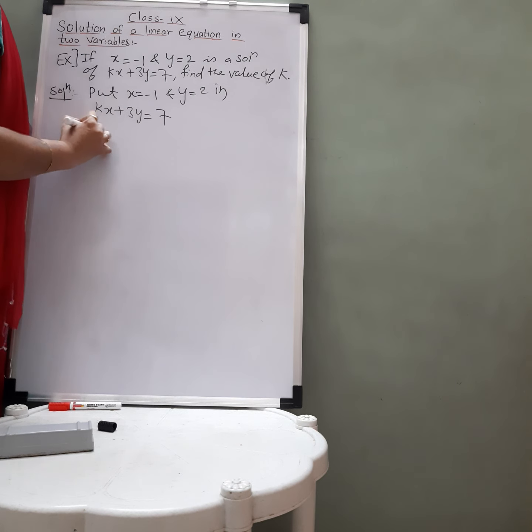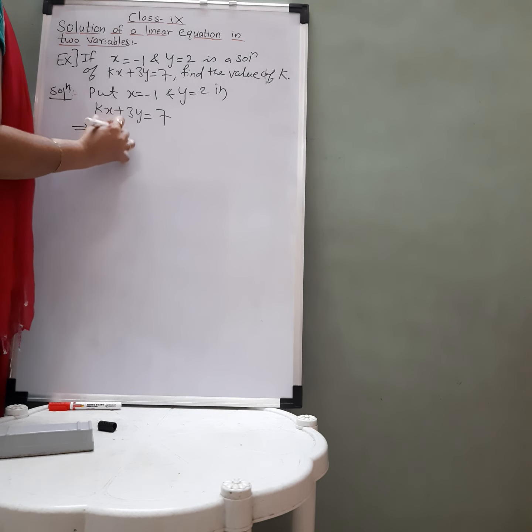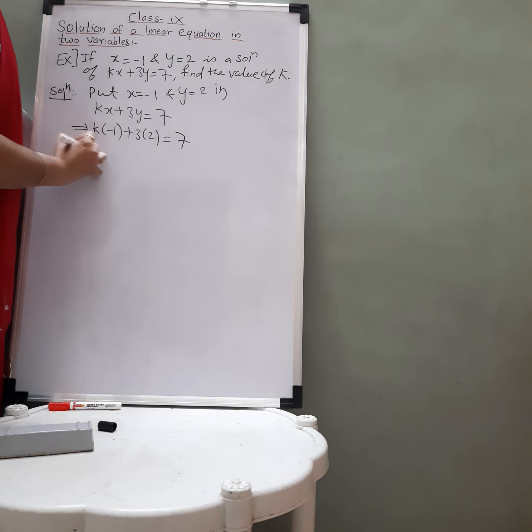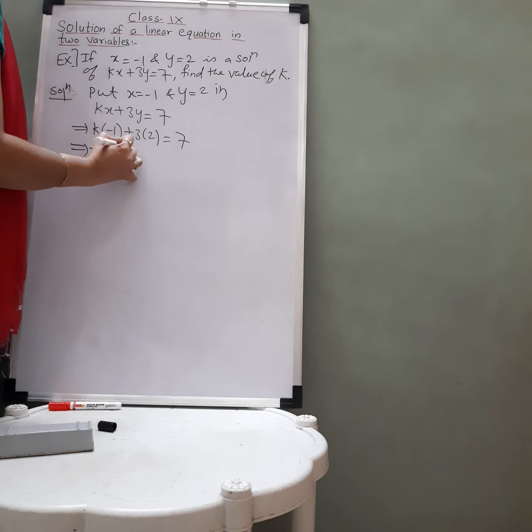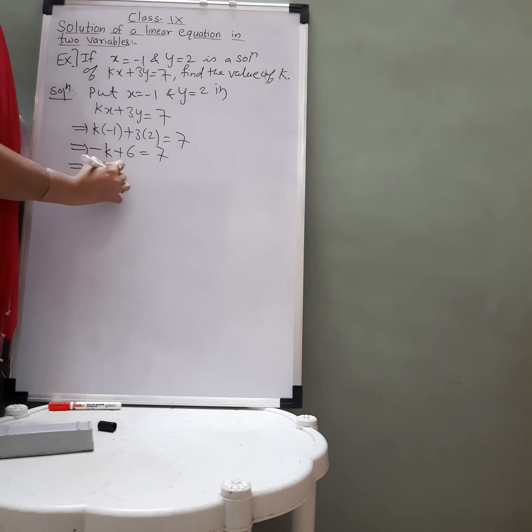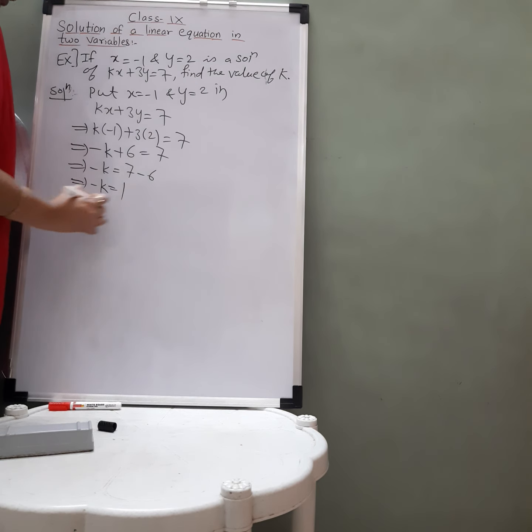So here you will get k into -1 plus 3 into 2 equal to 7. This implies minus k plus 6 equal to 7. This implies minus k is equal to 7 minus 6, implies minus k equal to plus 1.